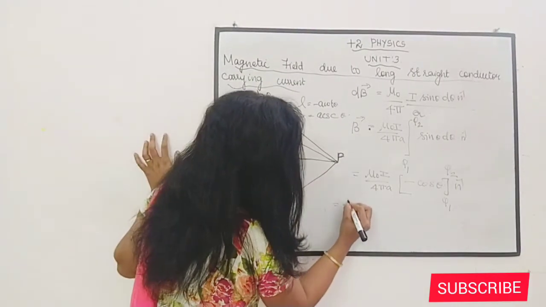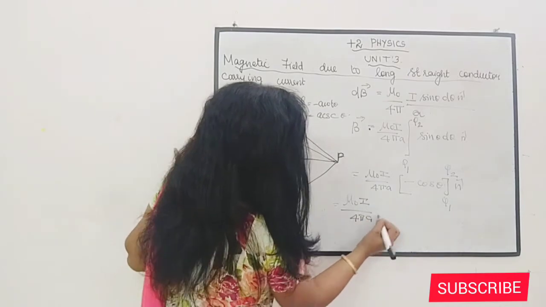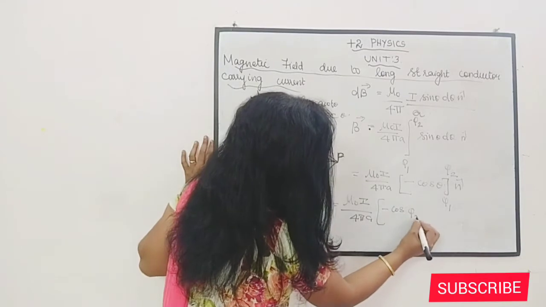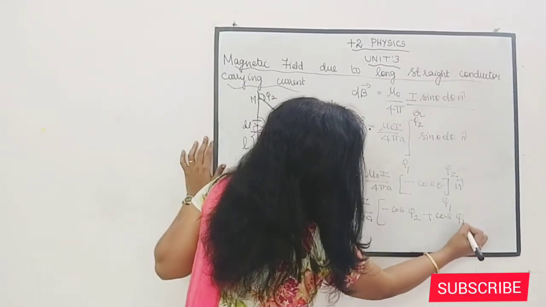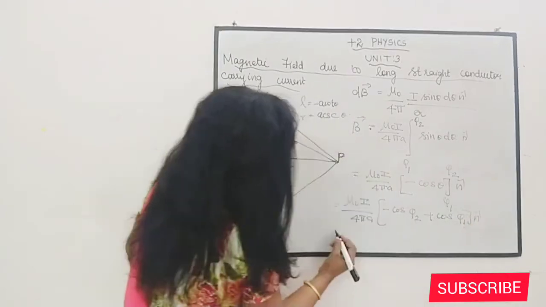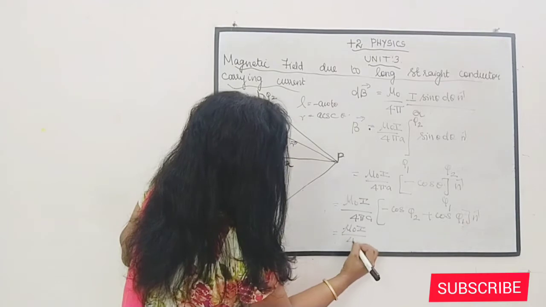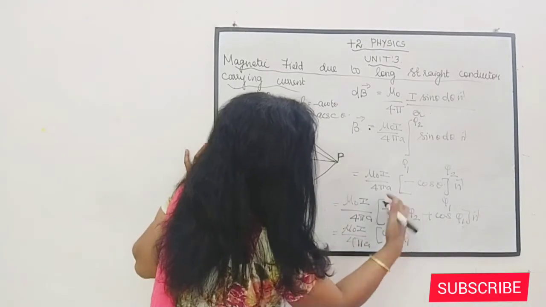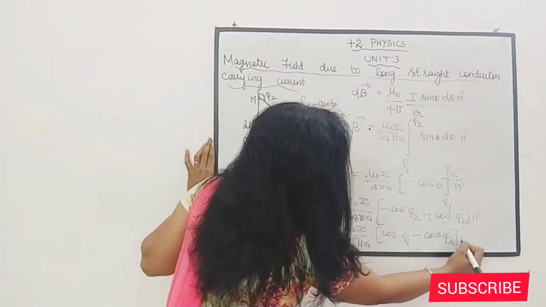When you apply the limit, it is mu naught I by 4 pi a, minus cos phi 2 minus of minus plus cos phi 1, n cap. So I can write it as mu naught I by 4 pi a, cos phi 1 minus cos phi 2 into n cap.